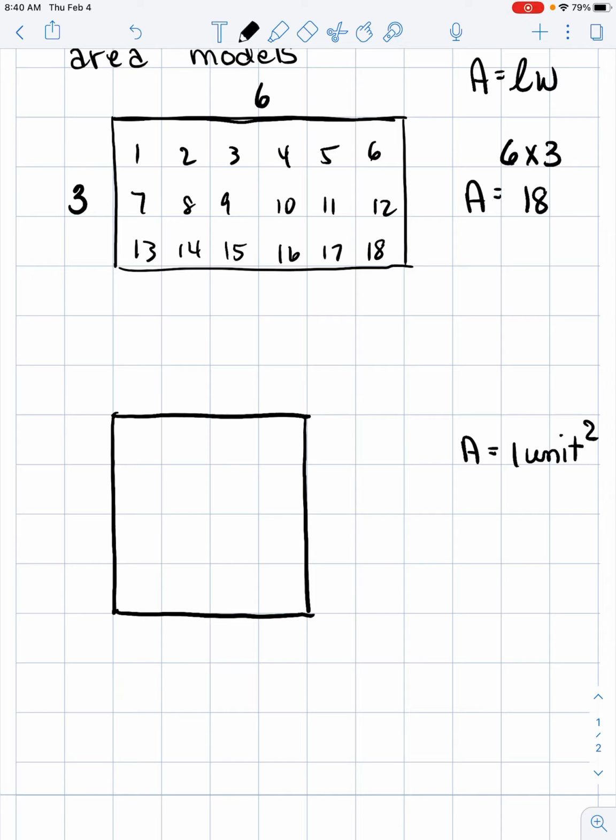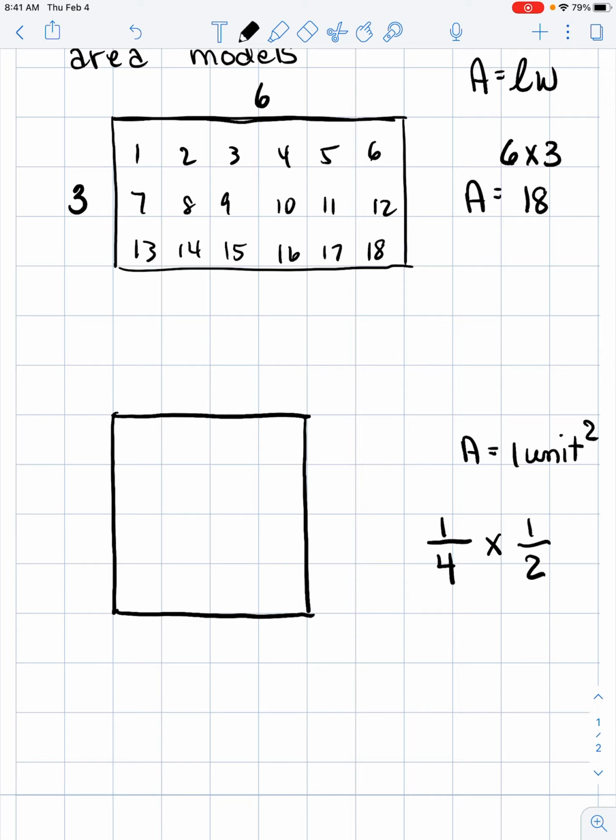and now I am going to figure out what is the area of a rectangle that is 1/4 of a unit by 1/2. In order to do that, I'm going to have to block this off.